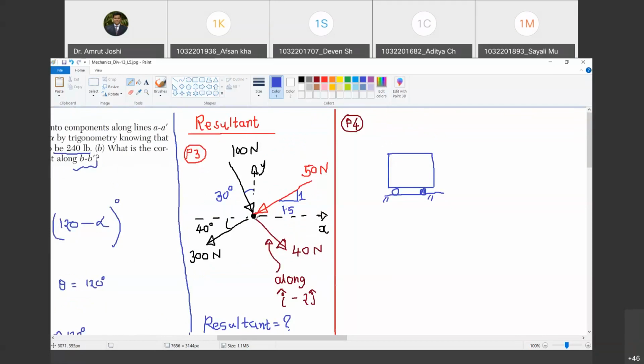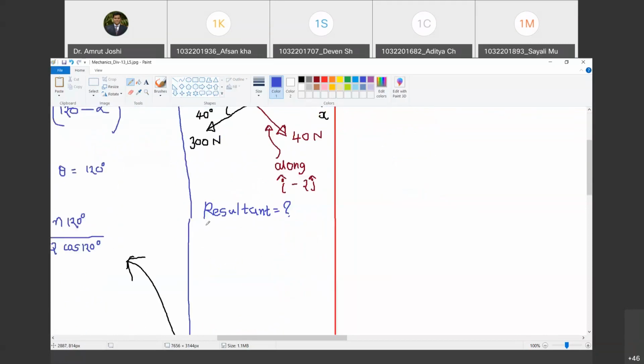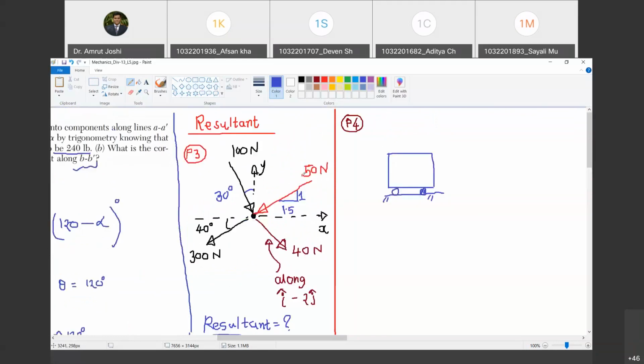So how do we define resultant? In this case, the crude definition of resultant is remove all the forces acting on a body and replace it by a single force which causes the same effect on the body as the system of these forces were causing. Are you with me? Yes, sir.